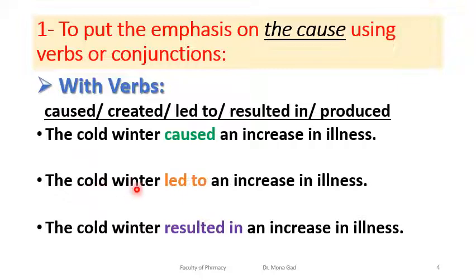The cold winter led to an increase in illness. Again, the emphasis on the cause, then a verb, then the effect. Let's use resulted in. The cold winter resulted in an increase in illness. It's a cold winter, the cause, and then the verb, and we end with the effect. So the emphasis here is on the cause.